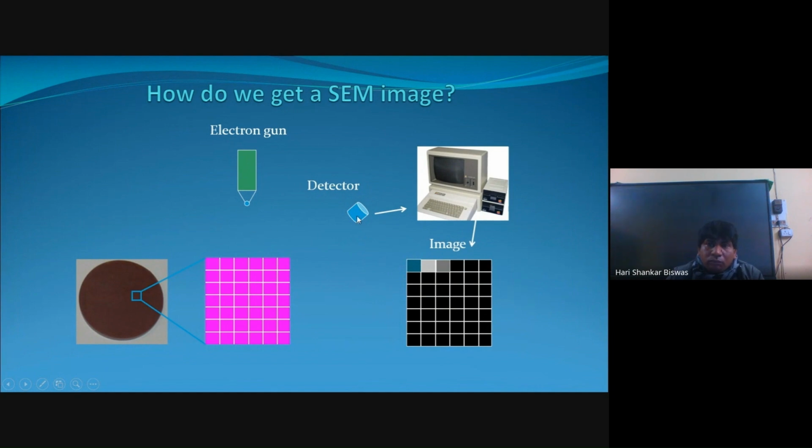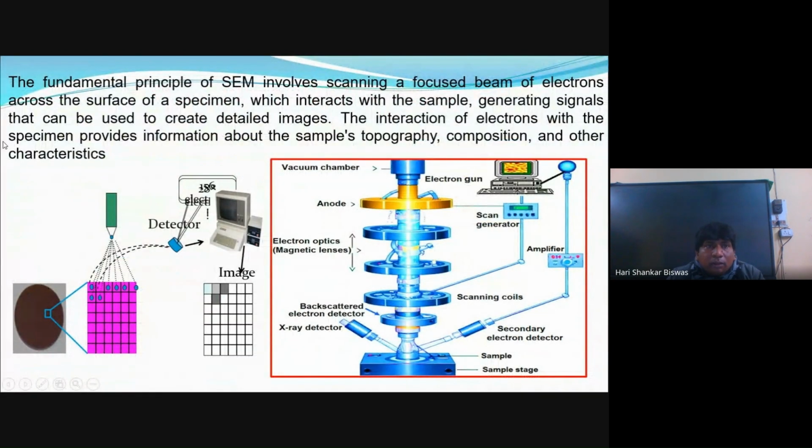A computerized image. And the fundamental principle of SEM involves scanning a focused beam of electrons. We already discussed it, and this is the overall scenario of the instrument.